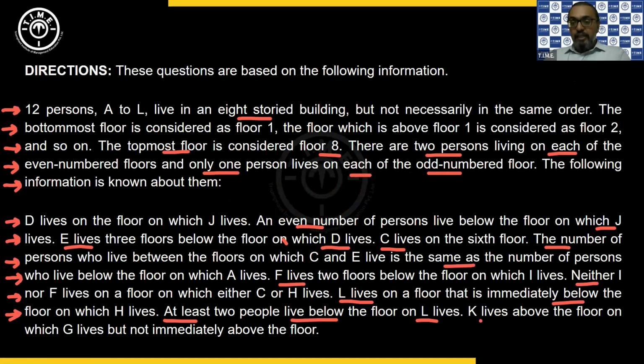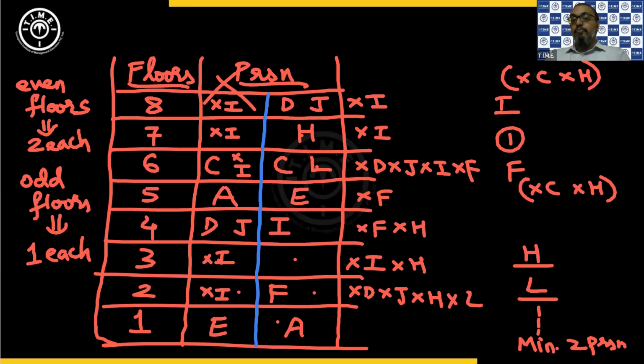And then you have K is above G, but not immediately above. Okay. K is above G, not immediately above. I and K together you can put, and G you can put along with F because they are even numbers, and the remaining person you have is B. That will conclude your arrangement. See, by the time you come to the last condition, your arrangement is ready.